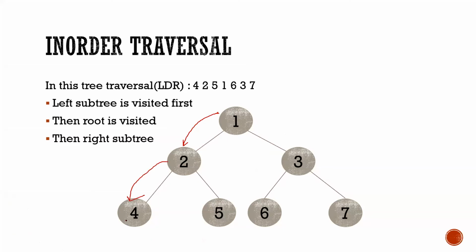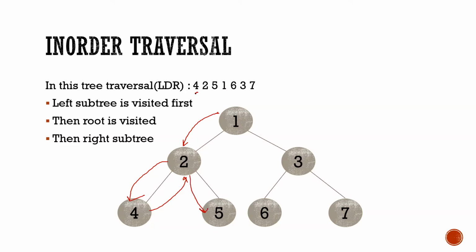Since we are at the extreme, we printed the data 4, and after that we backtracked and printed 2. Recursion, right? Everybody knows what recursion is. And after that we go for n dot right, this part 5.